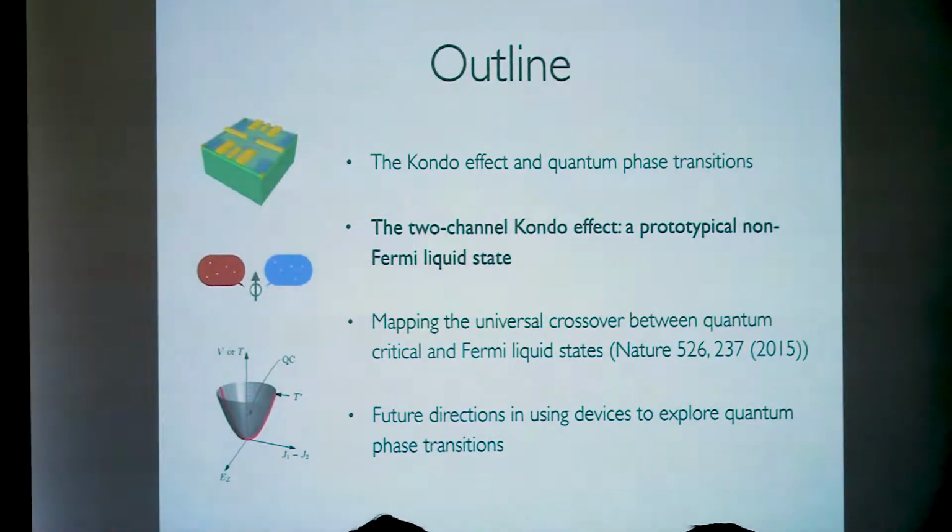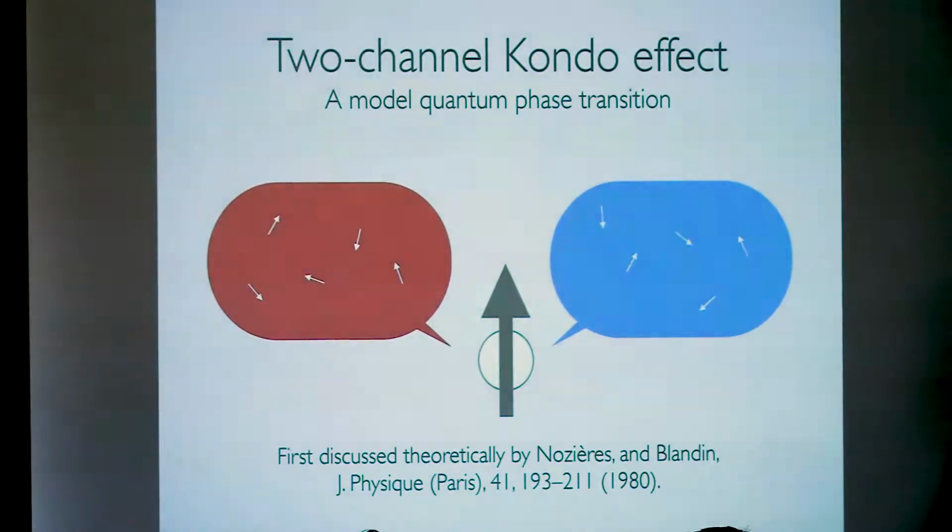So I'll describe now this two-channel Kondo effect. Perhaps it seems a bit obscure. Maybe you haven't heard of it before. The basic idea is if I have just a single impurity spin, and I'm going to couple that to two reservoirs. And you might think, well, we do this all the time. If you have a quantum dot and you couple it to two leads such that you can measure transport, isn't that what I'm describing?